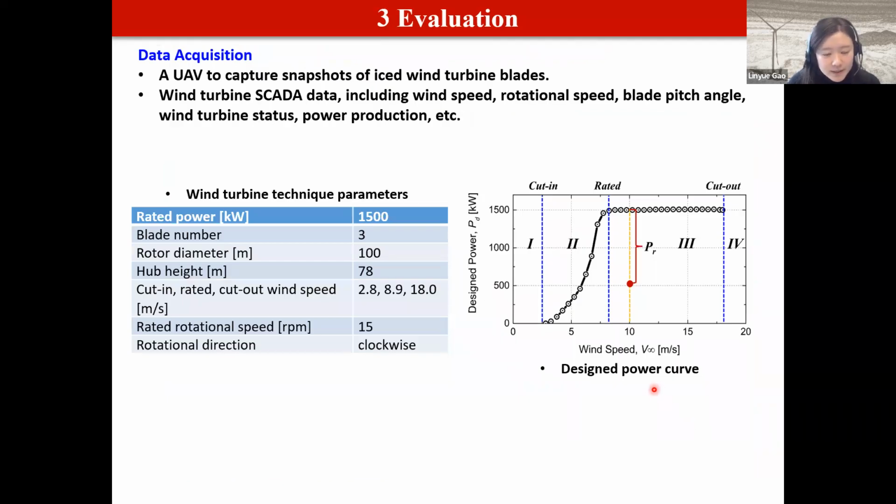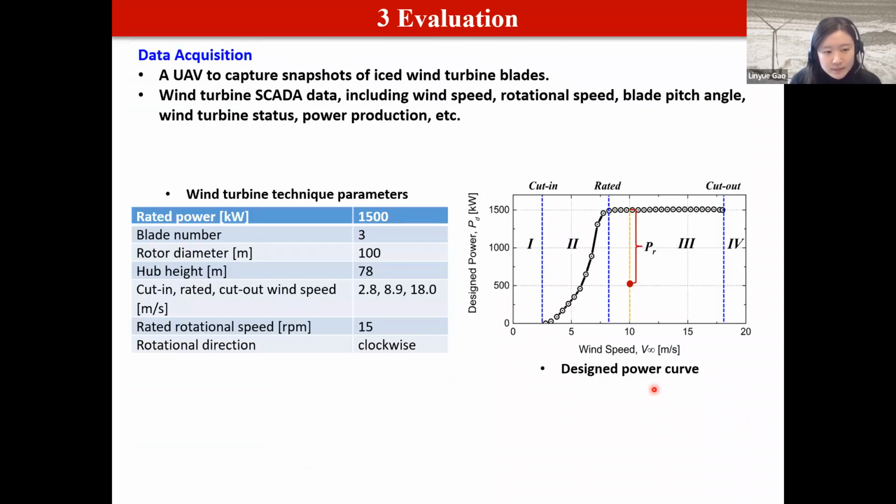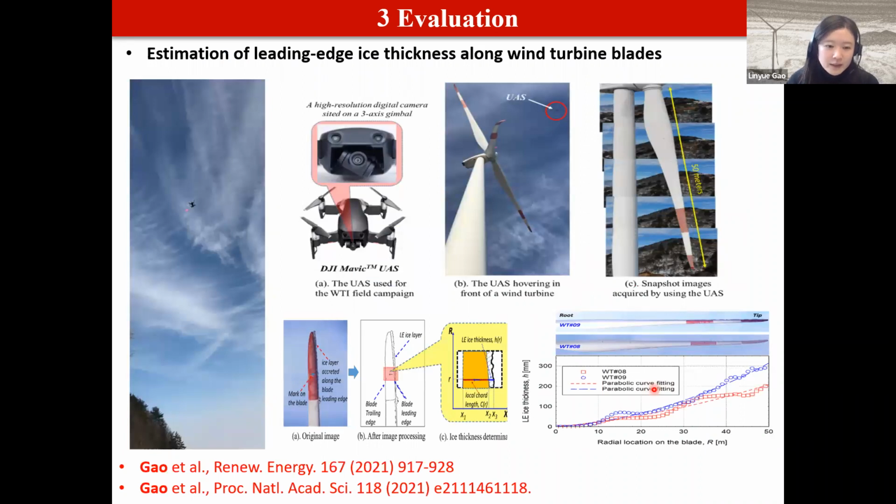Okay, and during the test, we used a UAV system to capture snapshots of the iced wind turbine blades. And we also have access to the wind turbine SCADA data, so that means we know all the operating parameters related to the wind turbine. So here we conducted a campaign in this wind farm for a 30-hour icing event.